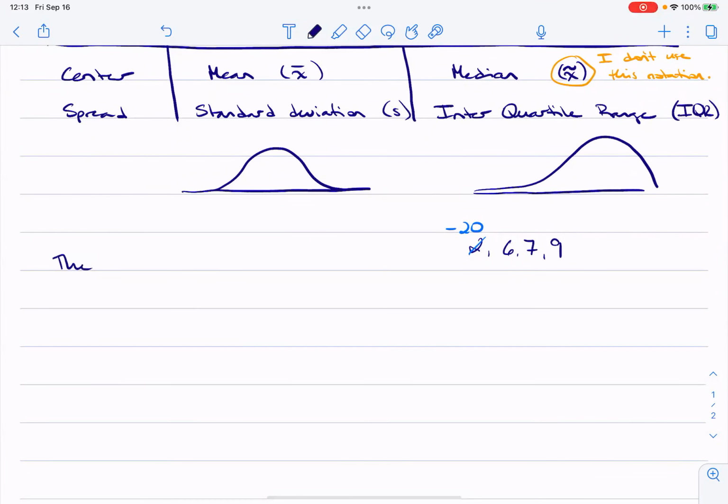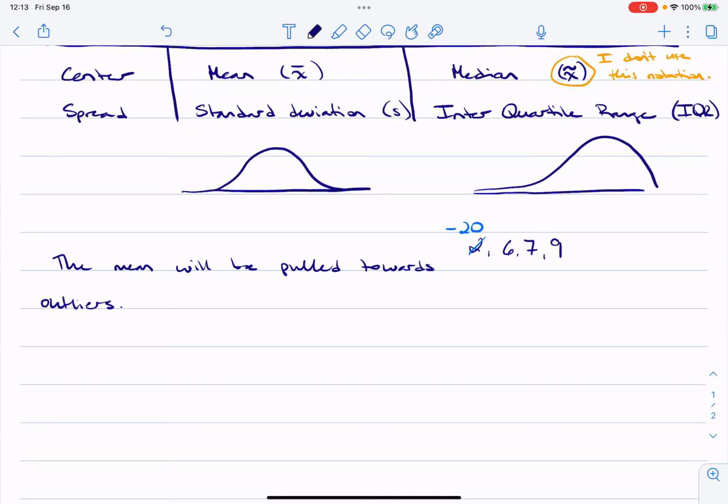The mean will be pulled towards outliers. Okay. Another way that we could say that is that it's not robust to outliers, right? Robust is like strong and kind of steadfast, right?